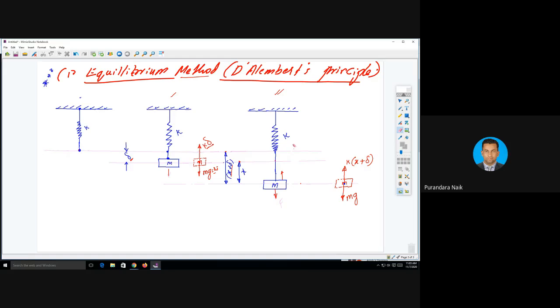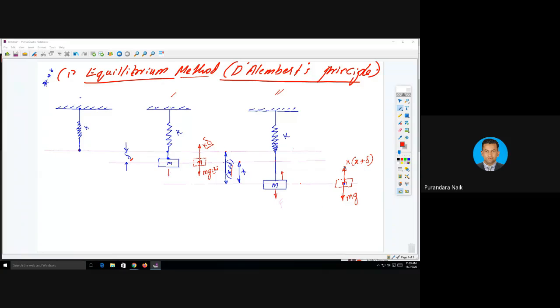Because of the acceleration, the body will have its own inertial force. That inertial force will be in the direction of motion of the body. At that instant, the body is trying to move upward, so the inertial force is also in the upward direction.